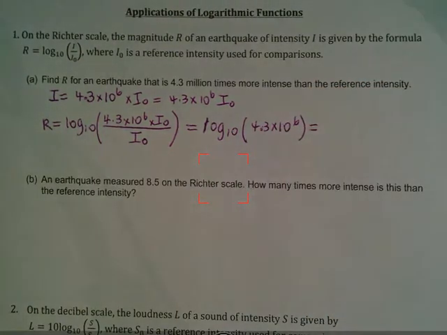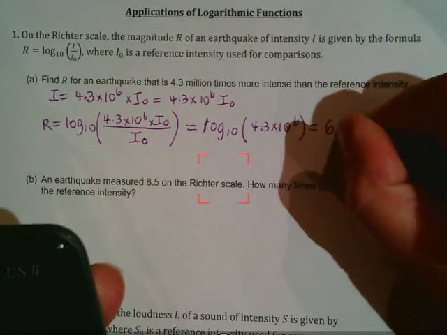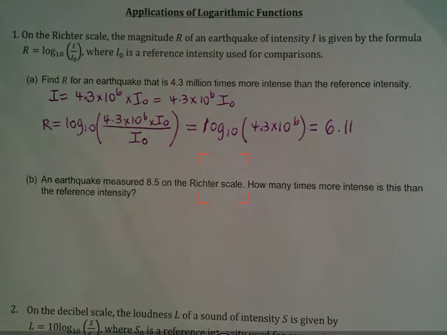So you just enter it on your calculator. Not ln, sorry, you do log to the base 10, so you press log 4.3 times 10 to the power of 6, and in brackets we get that it is 6.11 on the Richter scale.